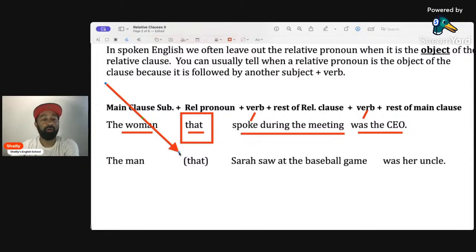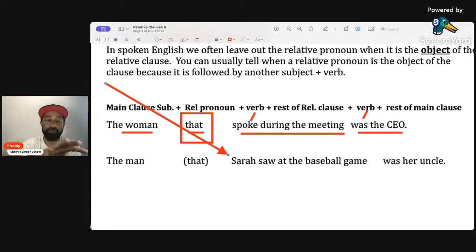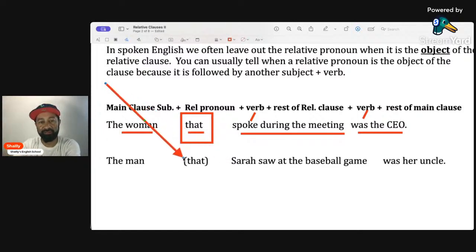All right. So in this situation, why don't I need that? Okay. Because if you look at the next word, I've got a subject. It's not a verb. It's subject, which is Sarah, and then verb. Subject and verb. So if your main subject is followed by another subject verb, then we don't need this relative pronoun.